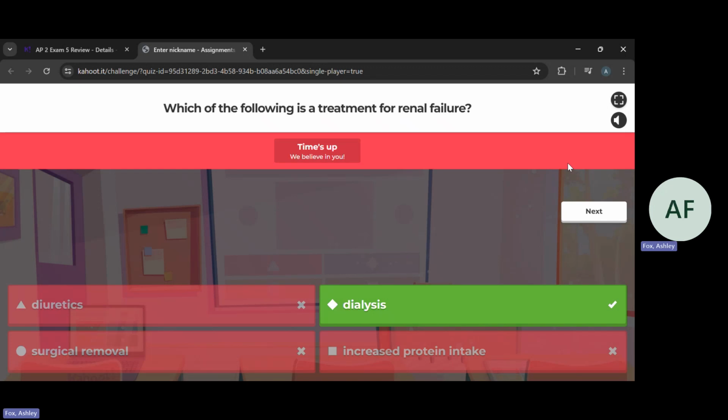Also, for chronic renal failure, it's going to be kidney transplant if possible. But remember, we use dialysis machines to basically act like a kidney so that it can take out waste products and cause reabsorption. So it's basically taking the role of a kidney, a dialysis machine.